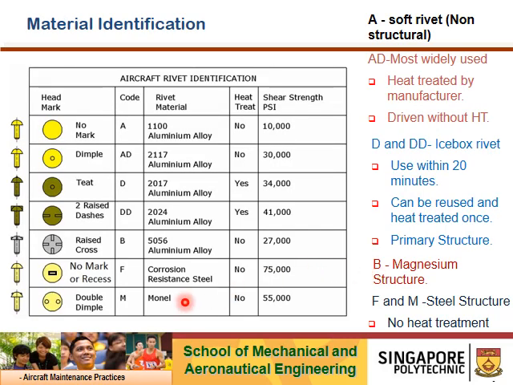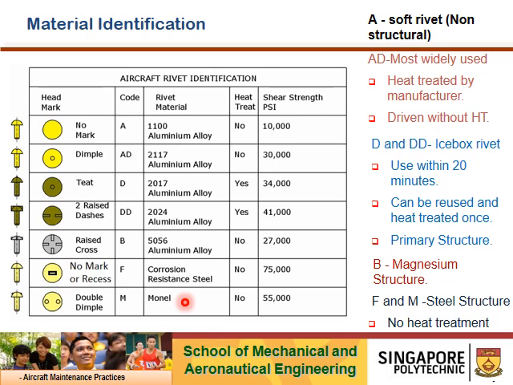Rivet material identification. There are markings on the rivet heads to identify what types of rivet materials are being used on aircraft structures. But of course, the correct method to know the right rivets to be installed is the aircraft drawings and structural repair manuals.